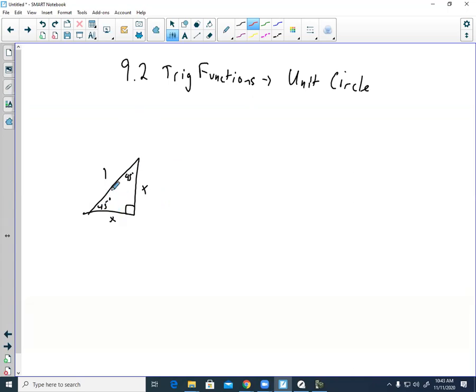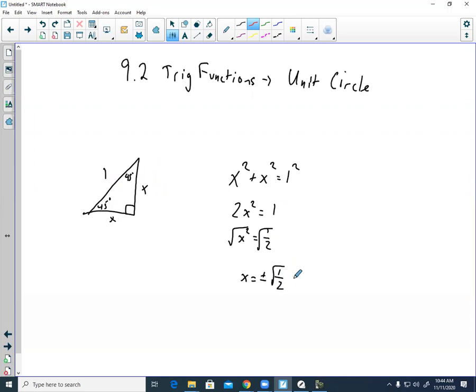Because a 45-45 triangle is an isosceles triangle, which means that these two sides are going to be equal to each other. If I wanted to solve what x was, I would do x squared plus x squared equals 1 squared, right? So this simplifies down to 2x squared equals 1, and then we would divide by 2, so we would get x squared equals 1/2, and then we would take the square root, and we would get x equals plus or minus the square root of 1/2, right?